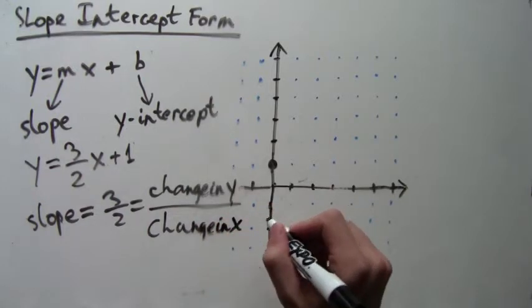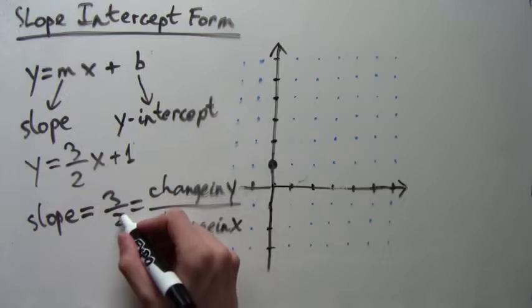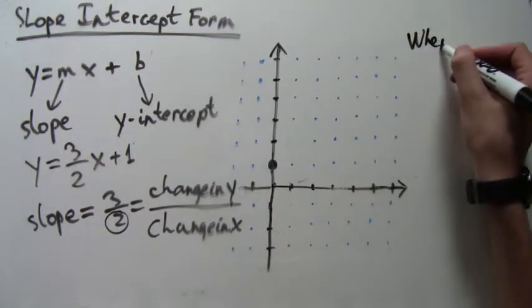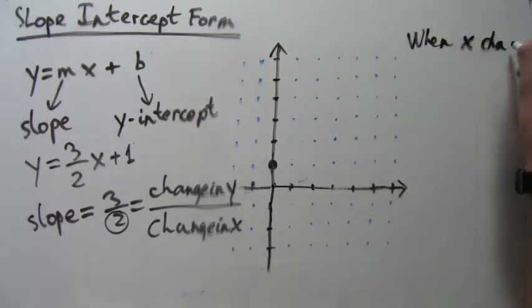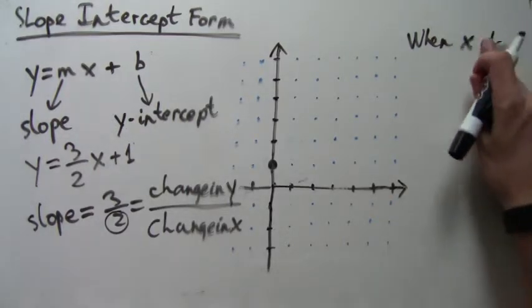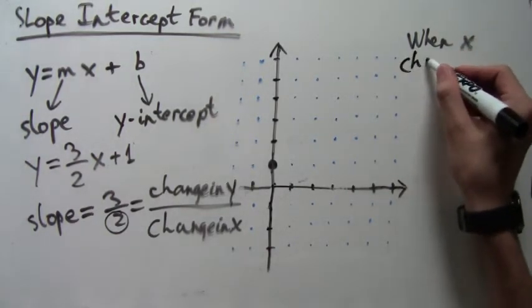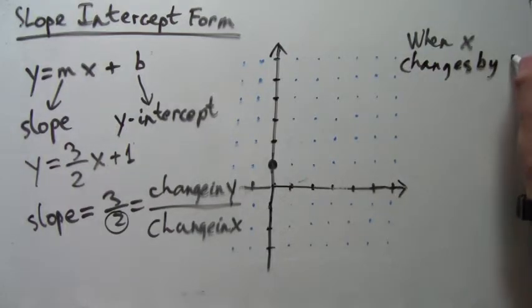This means that if we have some point and we change the x coordinate by 2, that is, when x changes by 2, then y must change by 3.